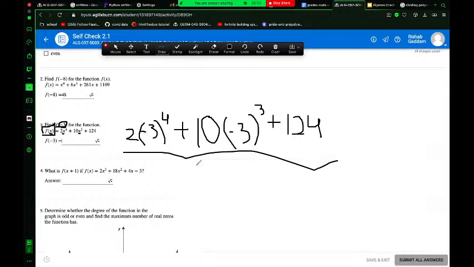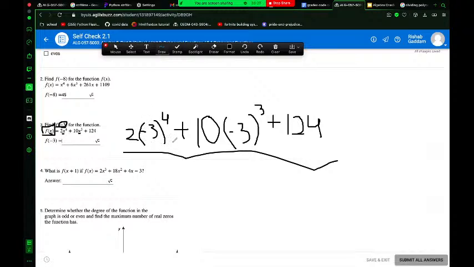So you do 2 times -3 to the power 4. Remember, when you have an even exponent, you're going to get a positive number, whether or not you have a negative number.